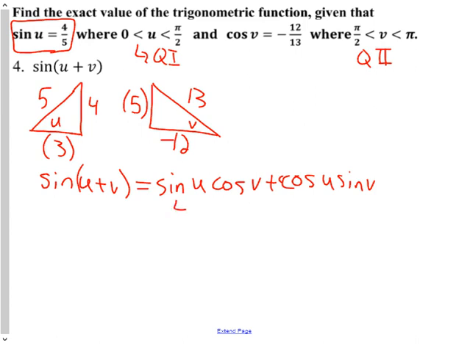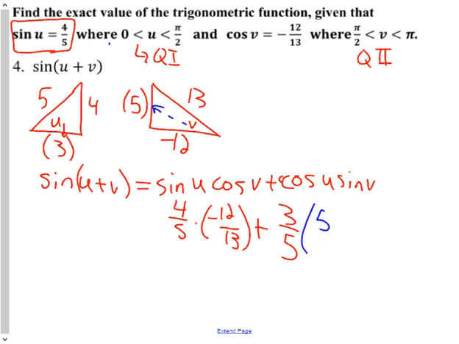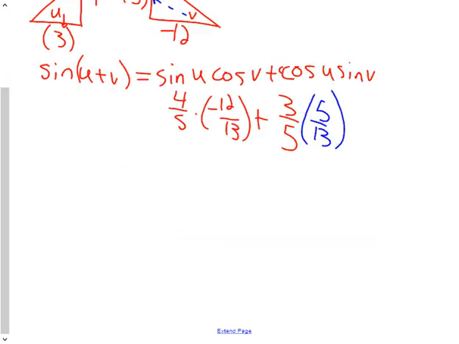We've got 4/5 given to us. We've got negative 12/13 given to us. Plus, we can find cosine of u using the triangle. Cosine is going to be 3 over 5 from the triangle on the left. On the right, we can find our sine of v, which is 5 over 13. Now, it's in quadrant 2, so sine is positive there. So we didn't need to have a negative sign for that opposite.